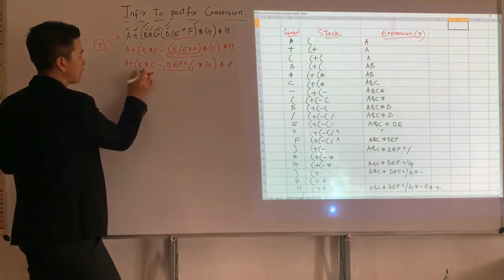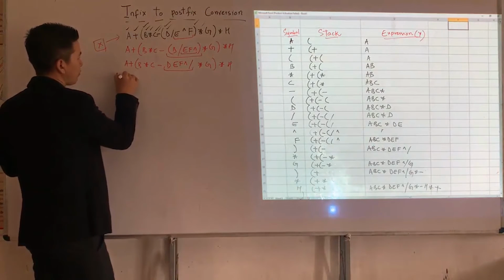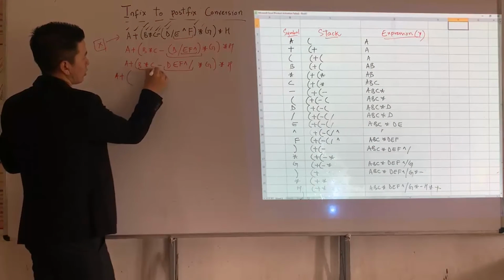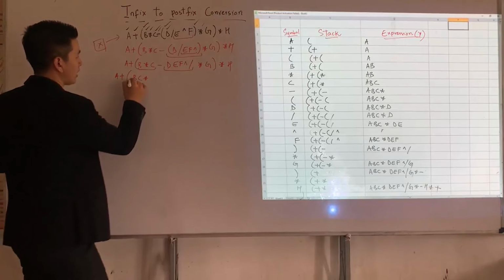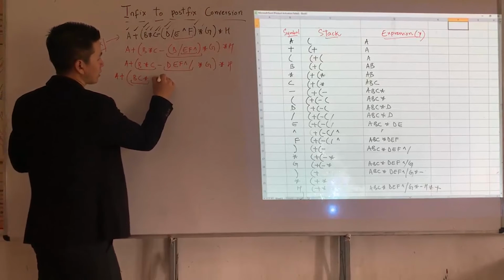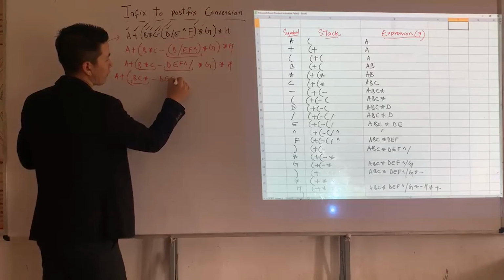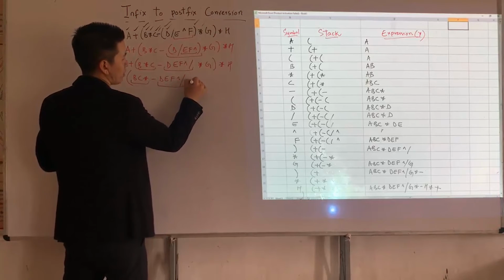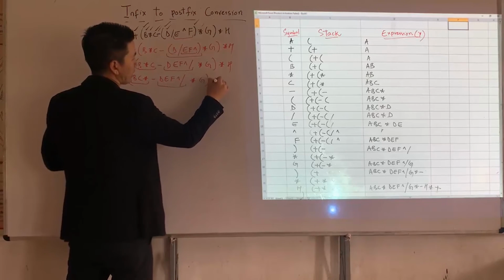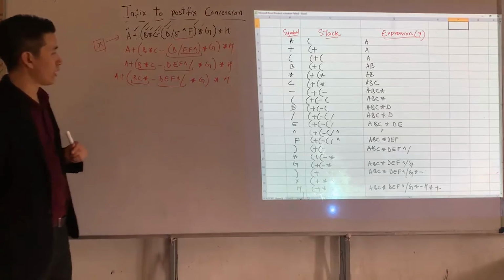So let's convert this. You have A plus, okay, this will change to B, C, and then you have the multiplication sign, and then minus D, E, F, exponentiation, right? And then you have multiplication G, and then you have H, alright?